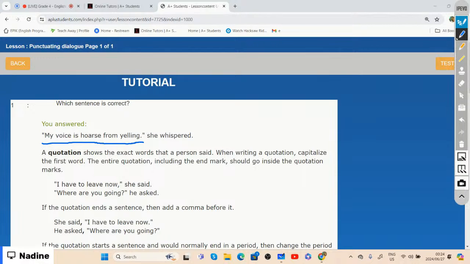Remember, we said that the first word needs to be capitalized, so that is correct. It is also within quotation marks, that is correct. But now look at the period. What did we say if a sentence ends with a period? Do we leave it as a period or do we change it to a comma?